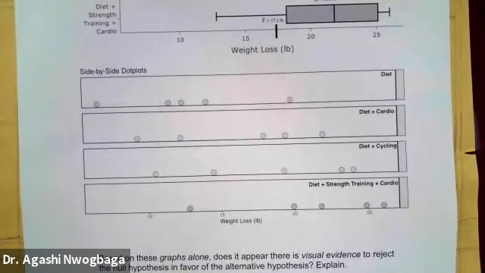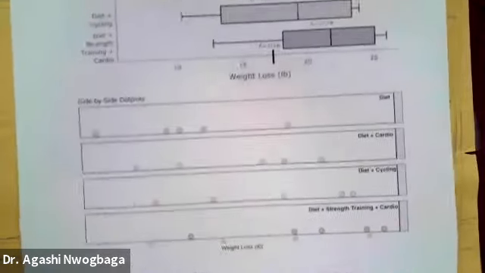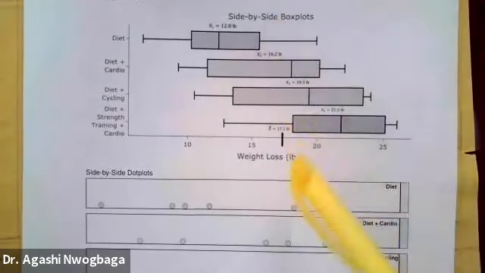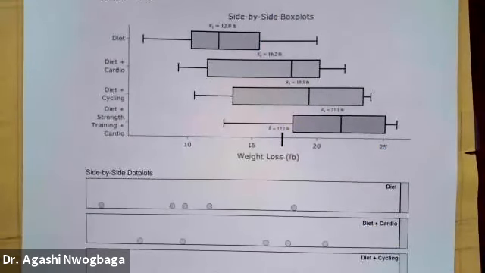Based on these graphs alone, does it appear there is visual evidence to reject the null hypothesis in favor of the alternative hypothesis? Looking at the graphs alone, especially the box plots.